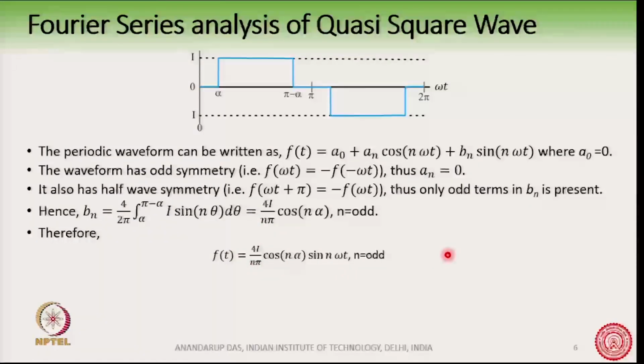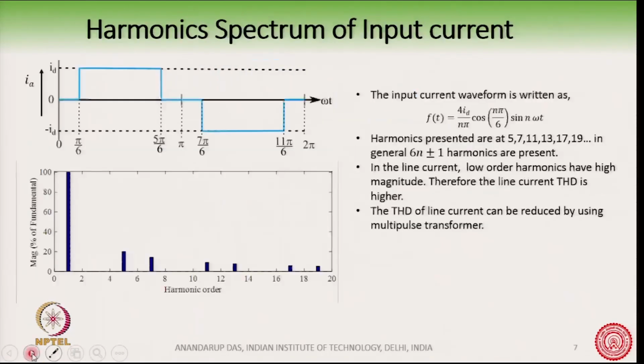This is the Fourier series expansion of this quasi square wave, where n is odd. So we see that we have all the odd harmonics present here.